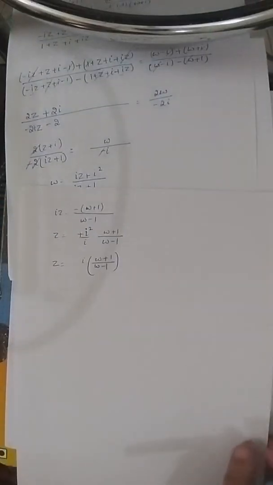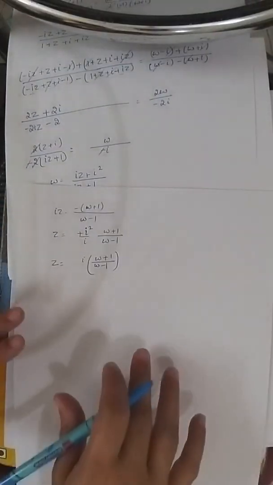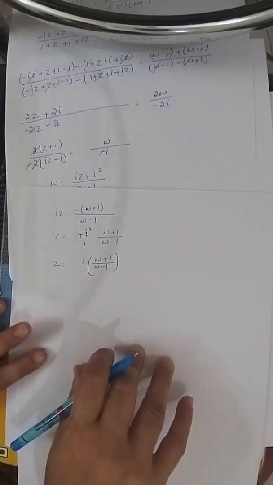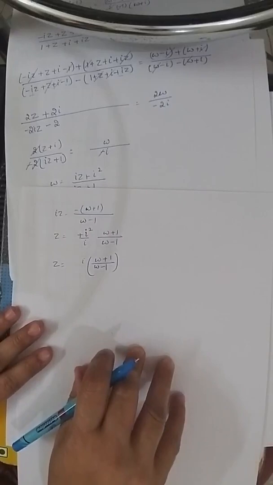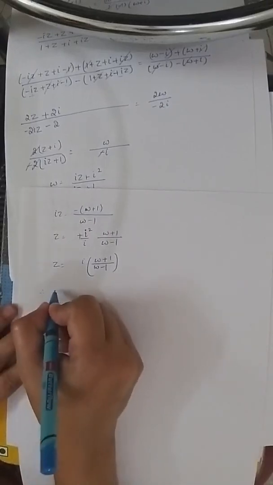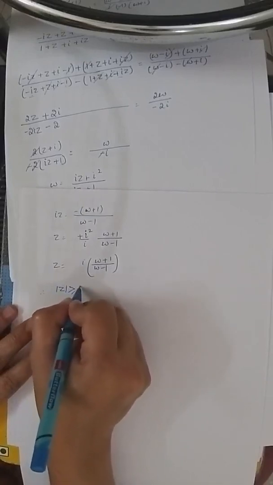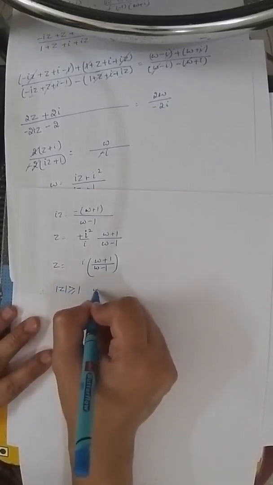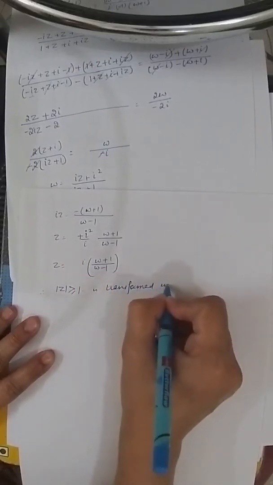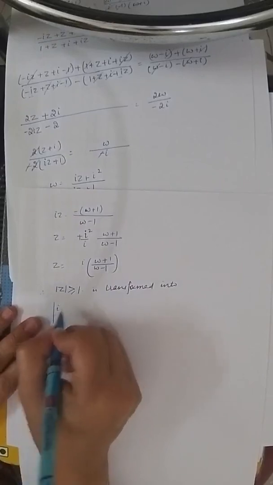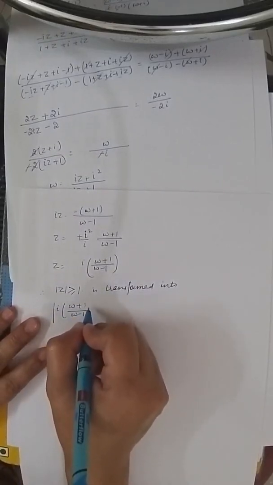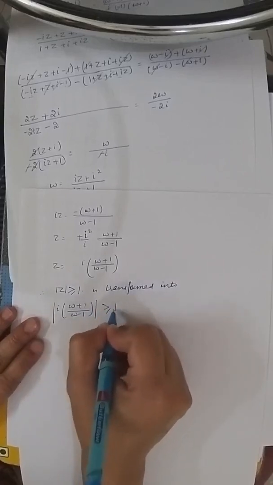Now in the statement we had to find the map of the region outside the circle mod z equal to 1. Therefore the region outside the circle, given by mod z greater than equal to 1, is transformed into the region mod of iota times w plus 1 over w minus 1 greater than equal to 1.